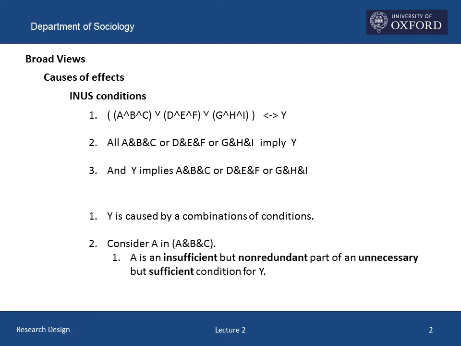Non-redundant because without A, B and C will not cause Y. Unnecessary because there are other causal constellations that will cause Y, and sufficient because it is itself part of a constellation with B and C that, if present, is sufficient to cause Y.